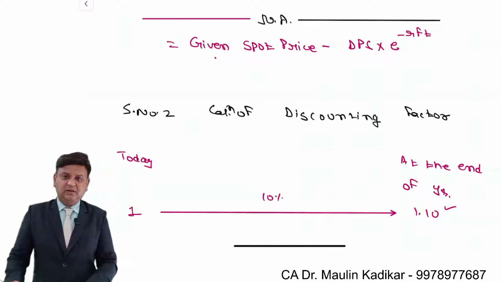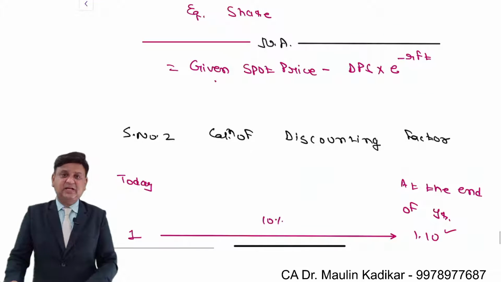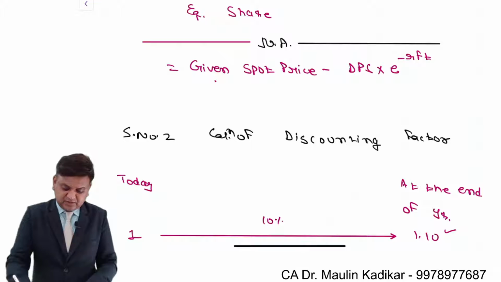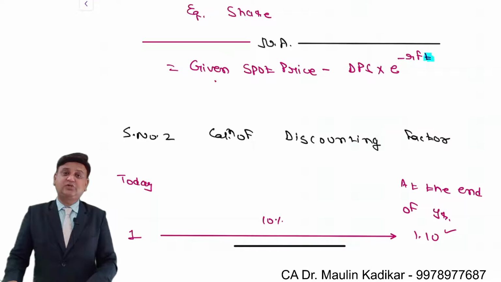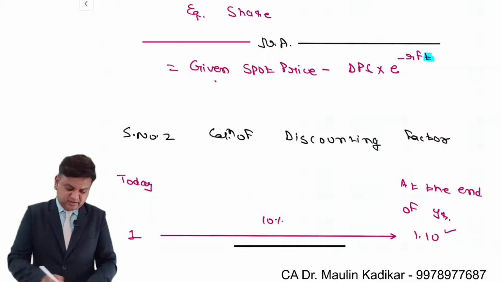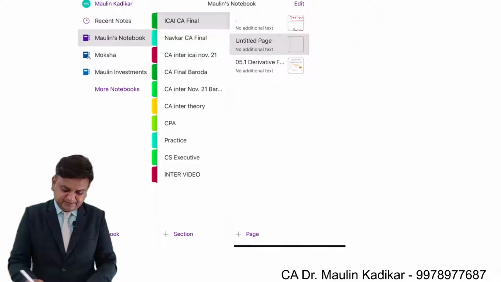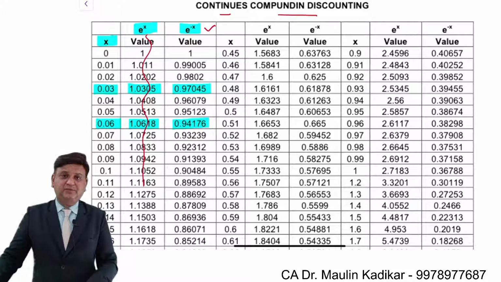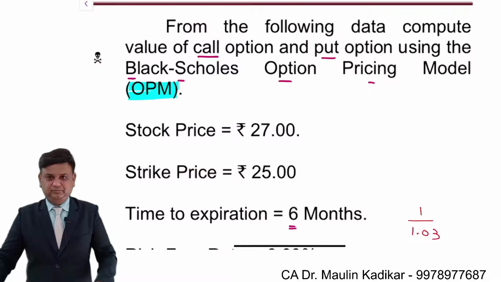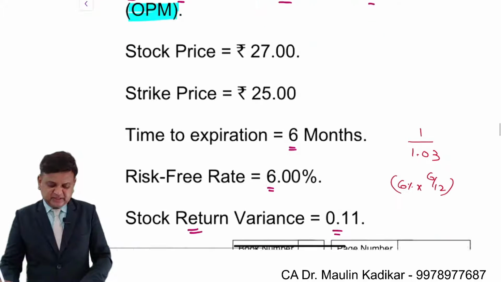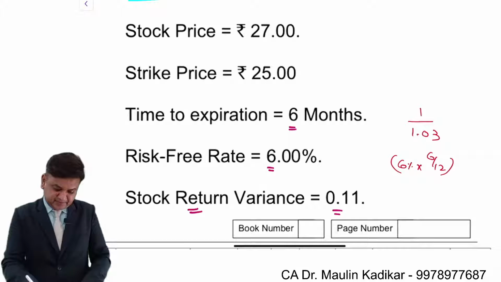Now over here, when we are making the computation of the revised spot price, then the dividend per share will be discounted with the time period after which the dividend is going to be received by the investor. It means that in this example we can see that the time period of the option is 6 months.